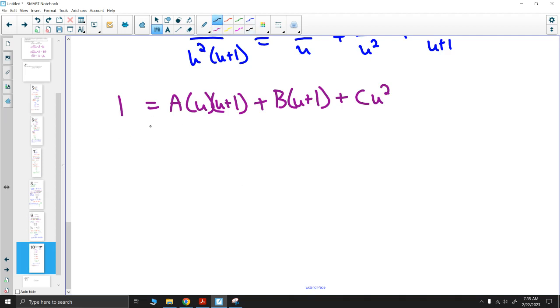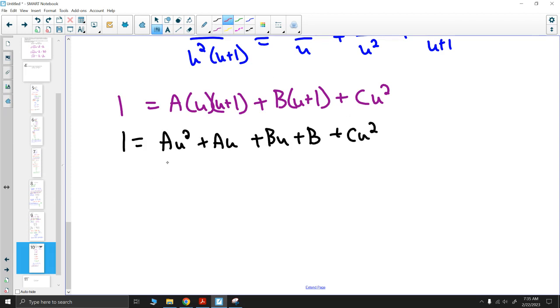So we have 1 is equal to au times u, which is au squared, au times 1 is plus au, plus bu plus b plus cu squared. Going with our u squareds, that is a plus c equals 0.